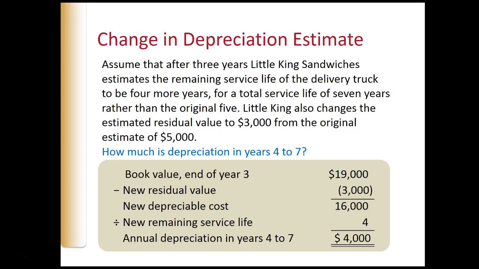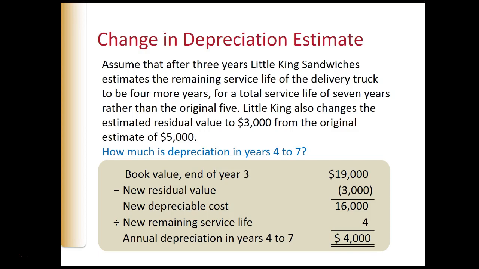Now we take the book value at the end of year 3, which is $19,000, subtract the new estimated residual value of $3,000, and then divide that by the remaining service life of 4 more years. Little King Sandwiches will record depreciation in years 4 to 7 as $4,000 per year.